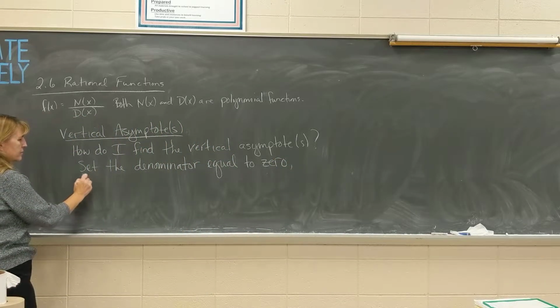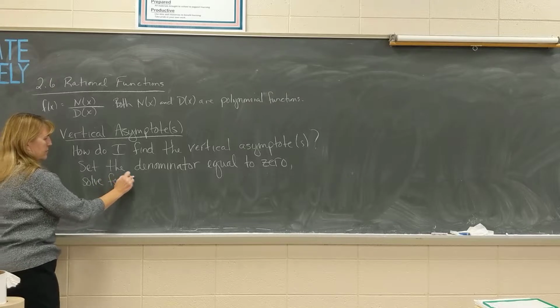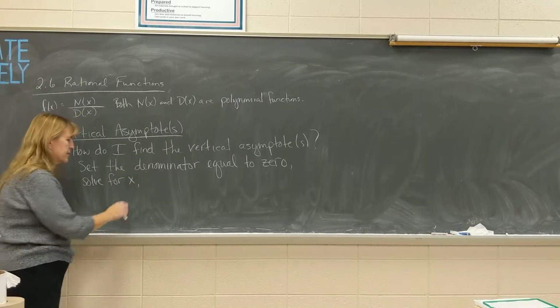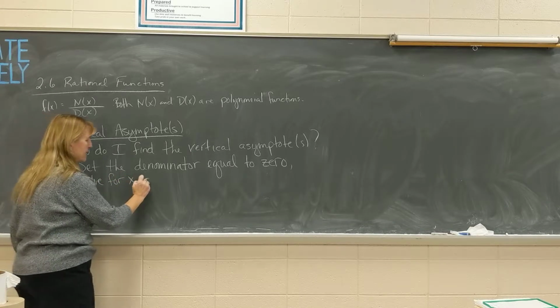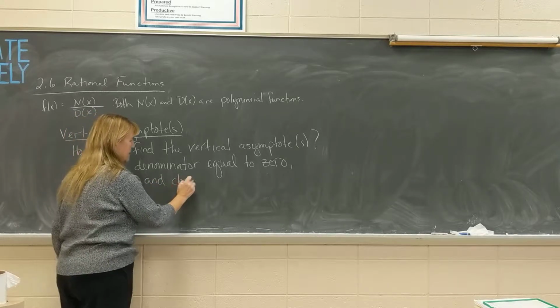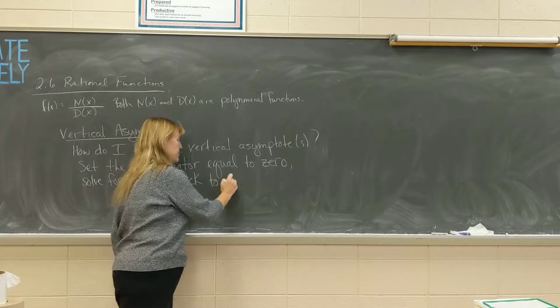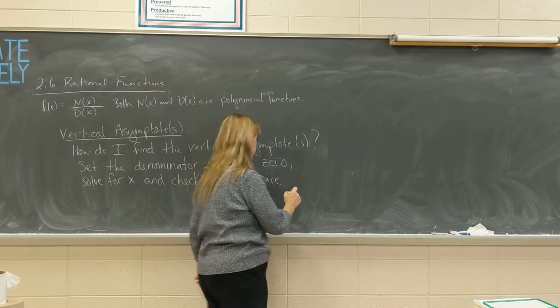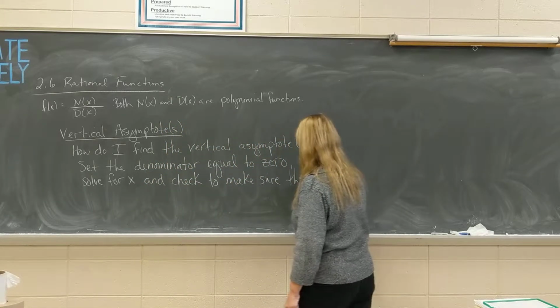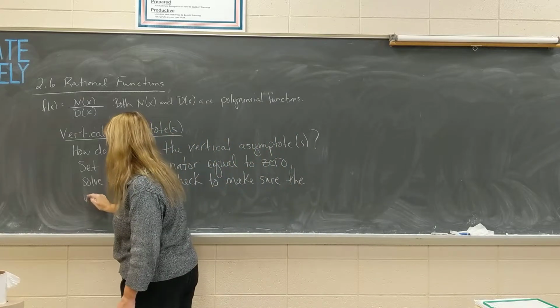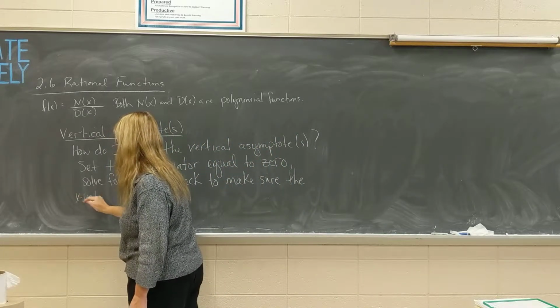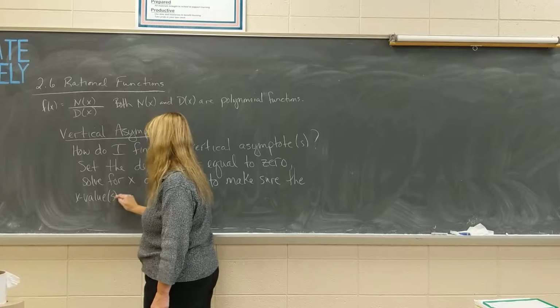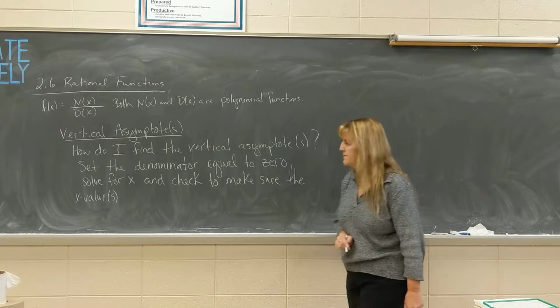Solve for x. I'm going to say and check to make sure the x values, and I'll even say the x value with an s, because you might have more than one.